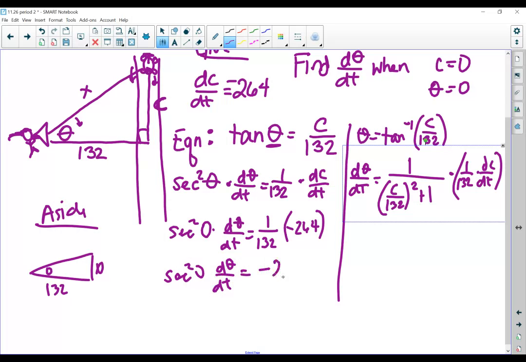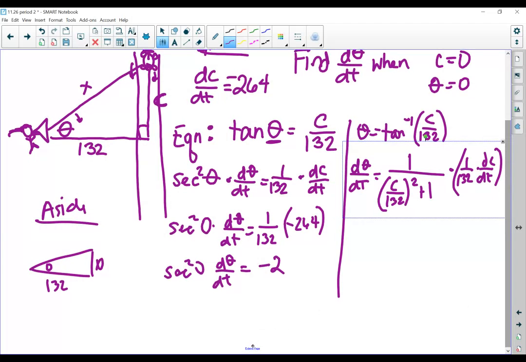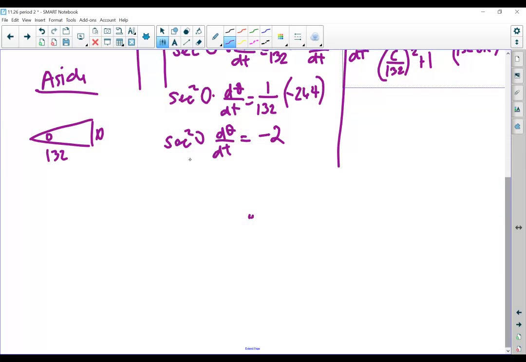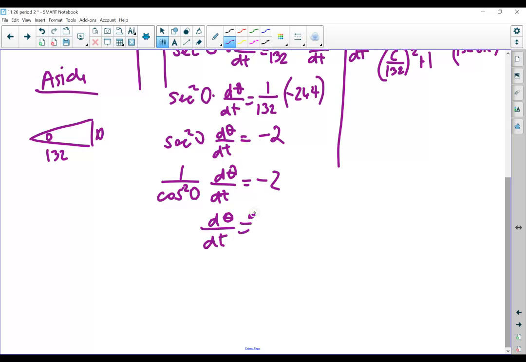Secant of 0 is just the reciprocal of whatever cosine of 0 is. So this is the same thing as 1 over cosine squared of 0. Cosine of 0 is 1. 1 squared is 1. It's just the reciprocal. So I end up getting that d theta dt is equal to negative 2.